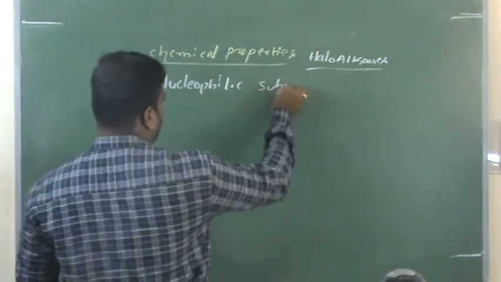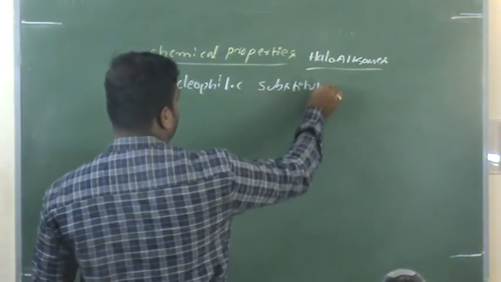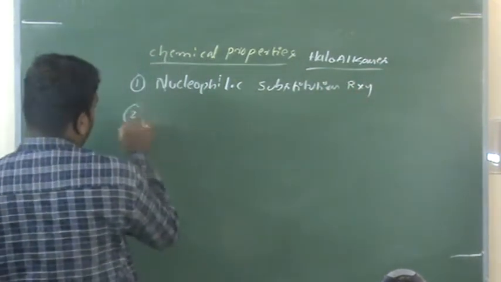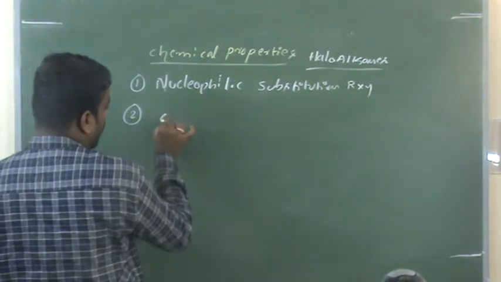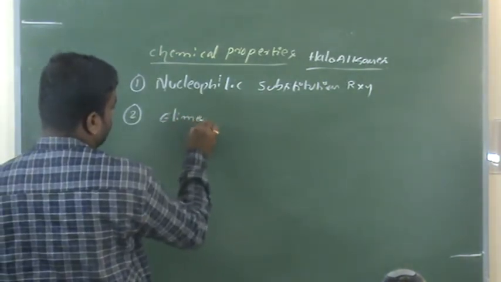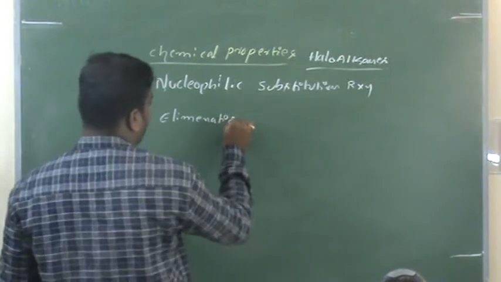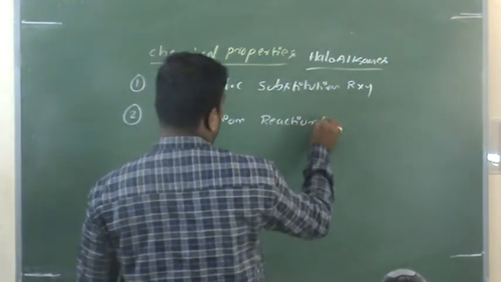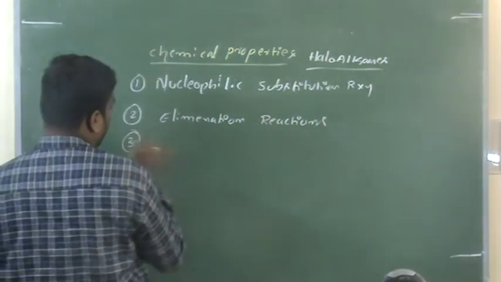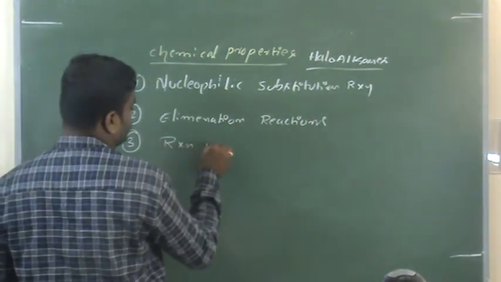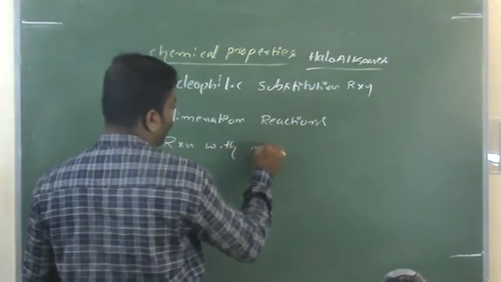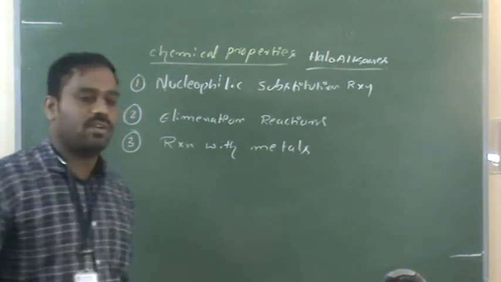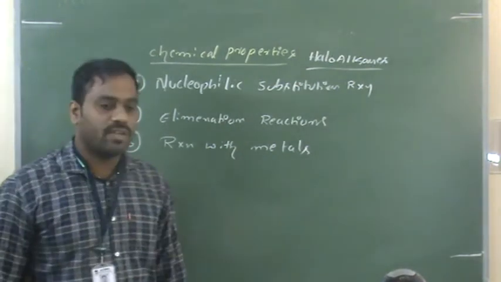The second one is elimination reactions. The third one is reaction with metals. Actually, these are the three chemical properties, the entire chemical properties of haloalkanes.